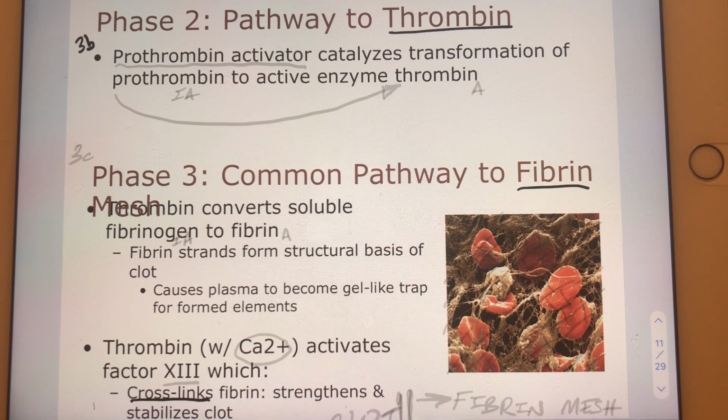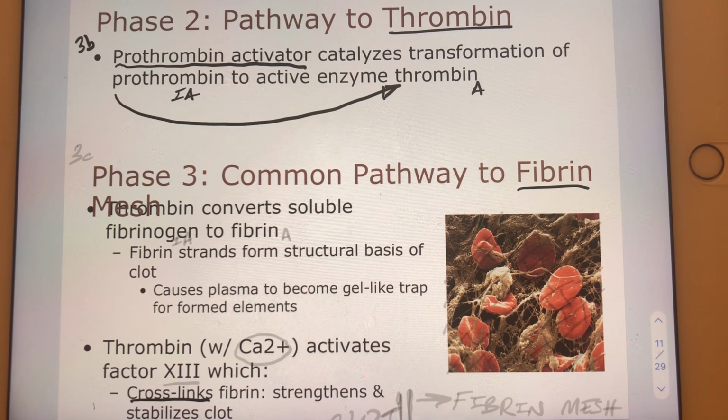And again, you might call this 3A, if you really need to give a step name to all of these horrible events. In the case of this next step, our product from intrinsic, extrinsic, or both pathways, prothrombin activator, is going to act as an enzyme, as a catalyst to activate prothrombin yielding thrombin. Thrombin is the active form of prothrombin. So this is inactive, this is active.